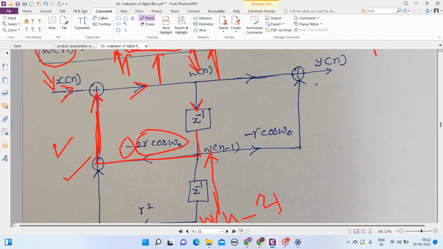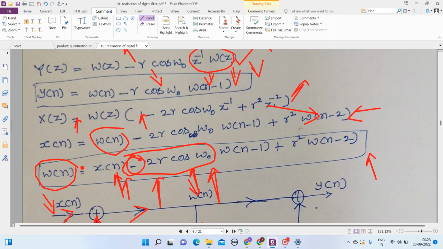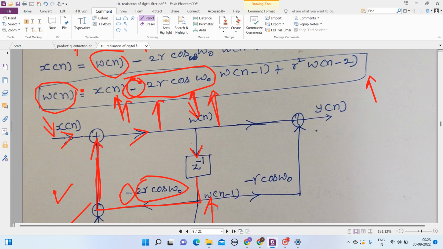So I have to write the second half of the structure. The direct form 2 structure is this one. Y of n is my output. These are my inputs. Again, I am not taking the w of n as a separate term, anyway we have to combine that element. So again, I will take directly from this one only, w of n, and this output is w of n minus 1, right?